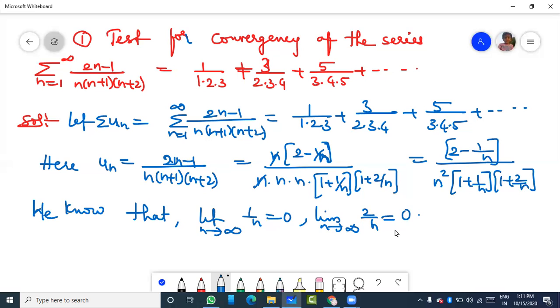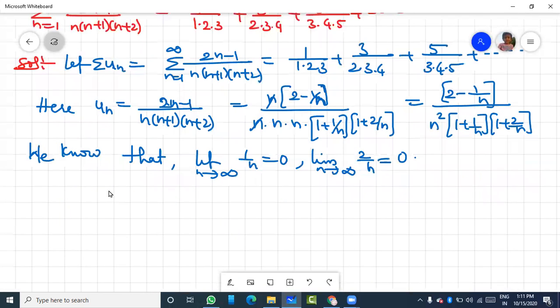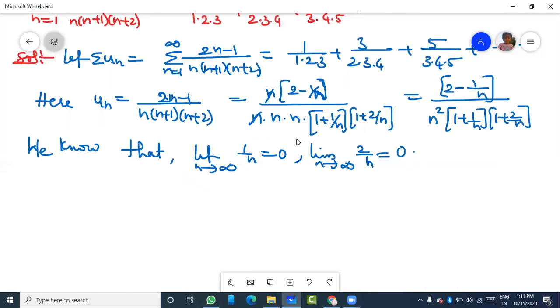When we take the limit value of un by vn, we have the condition of the limit of 1 by n, 2 by n. We know the limit values of this 1 by n, 2 by n, then we can easily find out whether it is convergent or divergent. Next, un is equal to (2 minus 1 by n) by n square into (1 plus 1 by n) into (1 plus 2 by n).